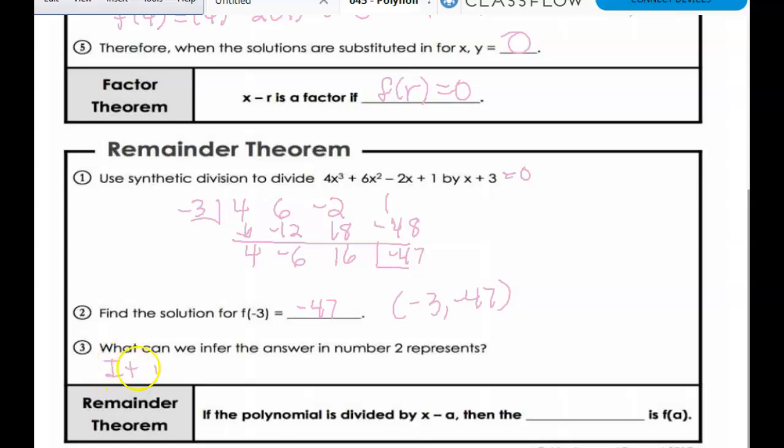It represents the y value of the point -3, -47. And that tells me if the polynomial is divided by x minus a, then the remainder is the y value. The remainder is the y value.